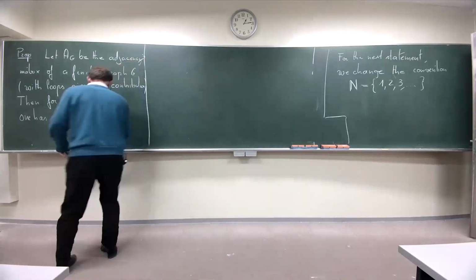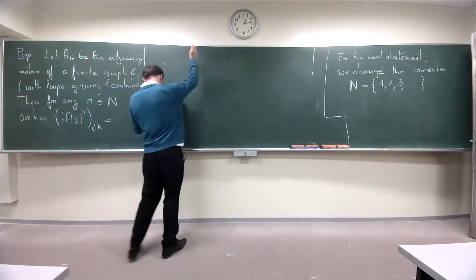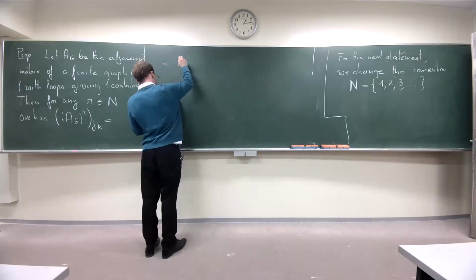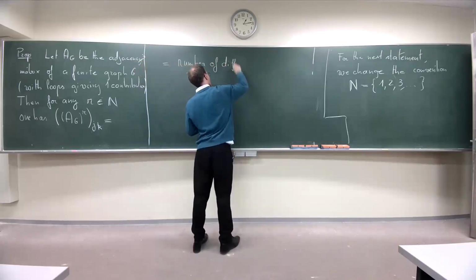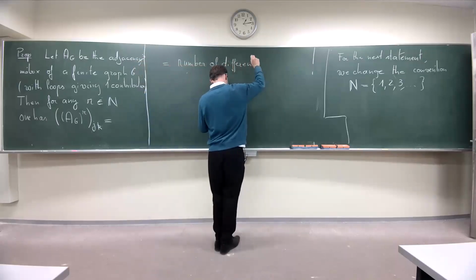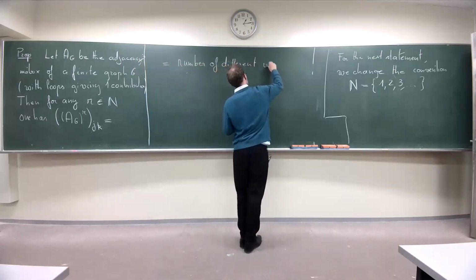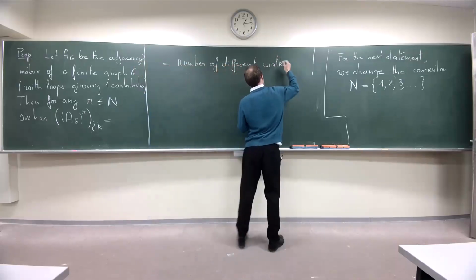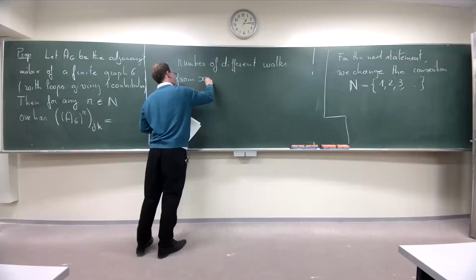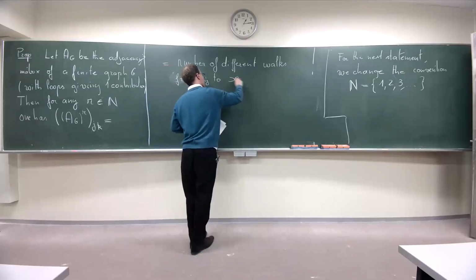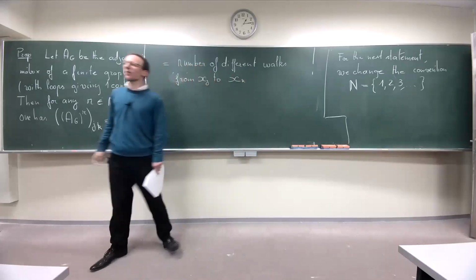Now when we take a power, it gives us the number of different walks of length R from xj to xk, which is quite surprising.